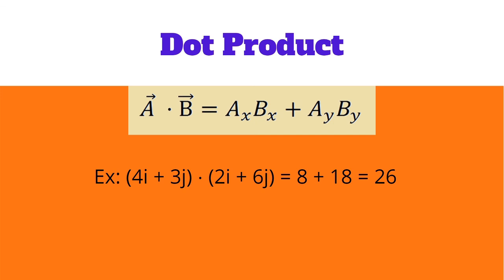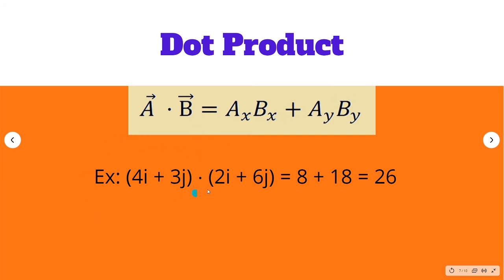What that means is that you're using the dot product with the vector a and the vector b. And this time, instead of other forms of vector algebra, you'll actually get a scalar quantity instead of a vector. So the way you do this is simply by multiplying the x component of a with the x component of b, and adding that with the y component of a times the y component of b.